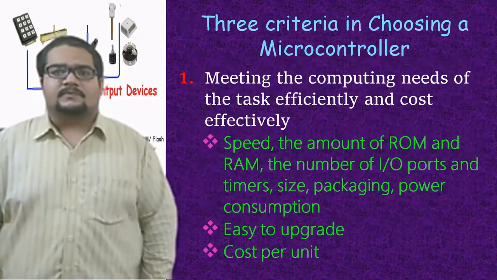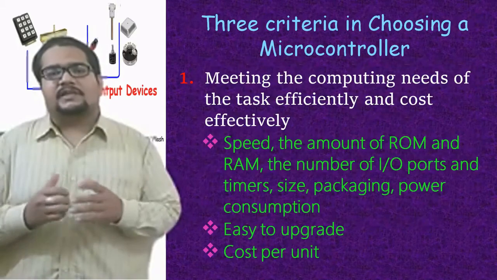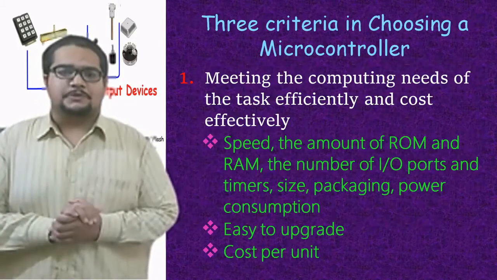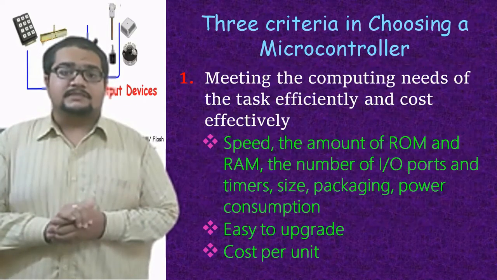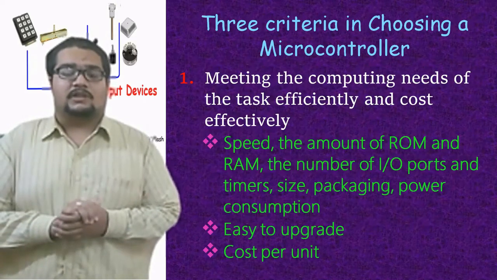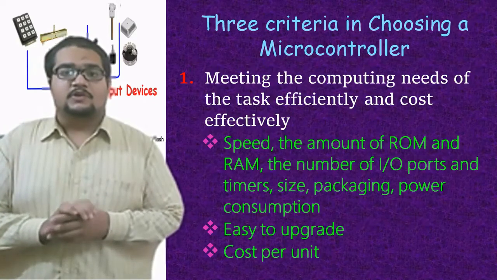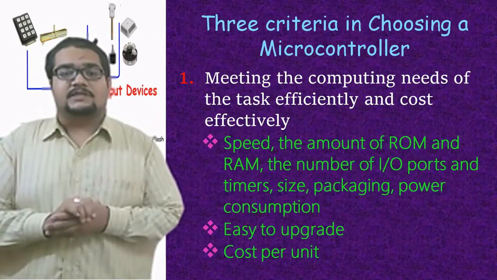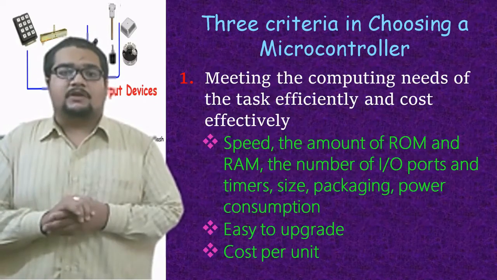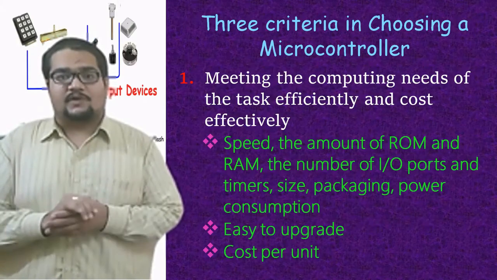Okay. And when we are working with the microcontroller, there will always be one question: what is the way to select the microcontroller, because a microcontroller has many things on the board, on the chip itself. So which features do we have to check to select the microcontroller that will be best suited for our application?